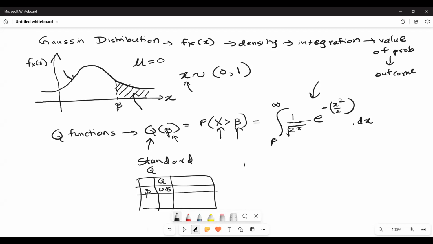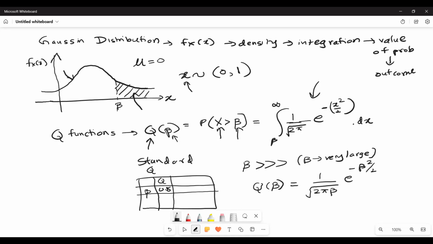For example, when the beta value is very large, the Q function can be approximated to just this expression. If beta is very large, then Q(beta) is going to be equal directly to 1 over beta square root of 2 pi, times e to the minus beta squared over 2.